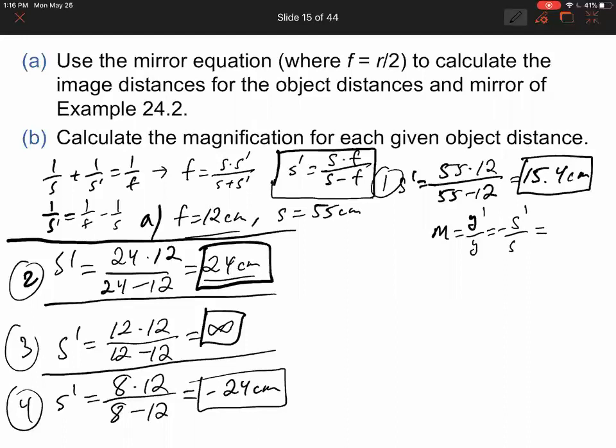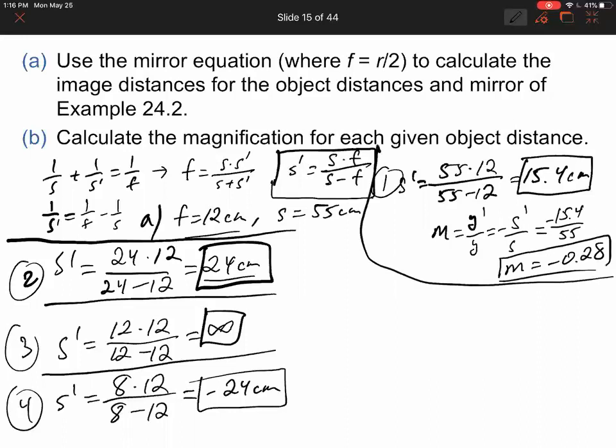So if I do it here, negative 15.4 over 55, I get a magnification of negative 0.28. What does it mean? It means the image is inverted, that's why there is a negative. It means the image is small, that's why the magnitude of m is less than 1.